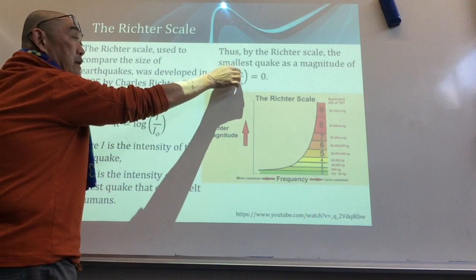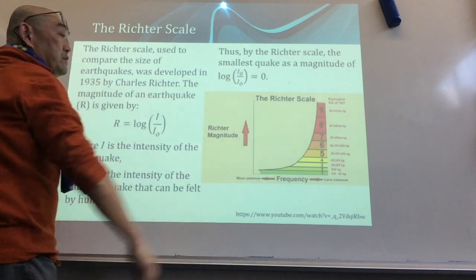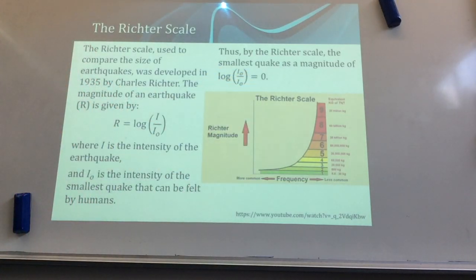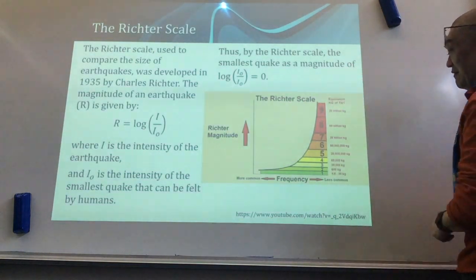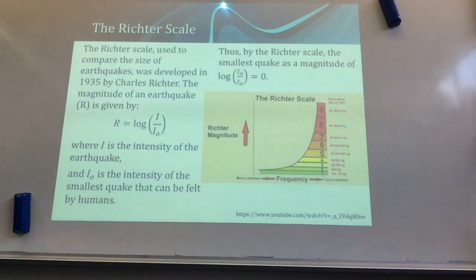So log of 1 equals 0. These are all based on log base 10. It goes from 0 all the way up to 9. It keeps on going.